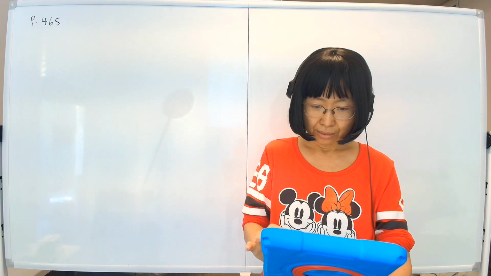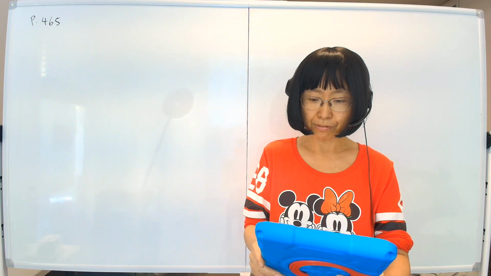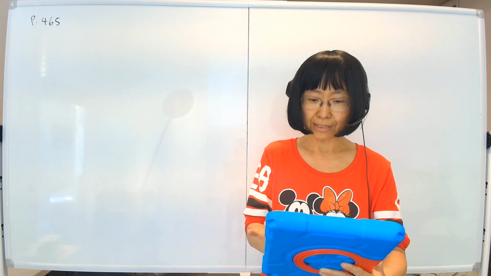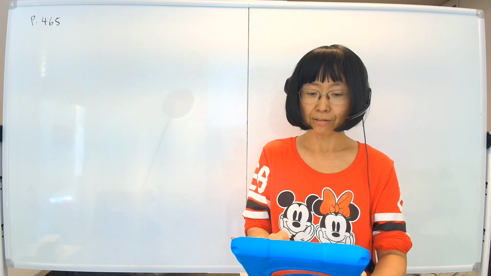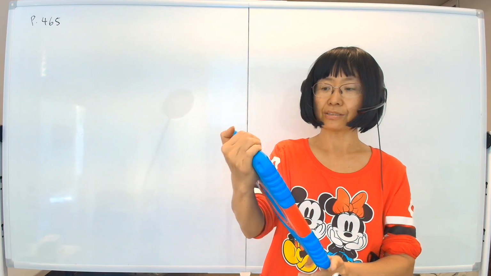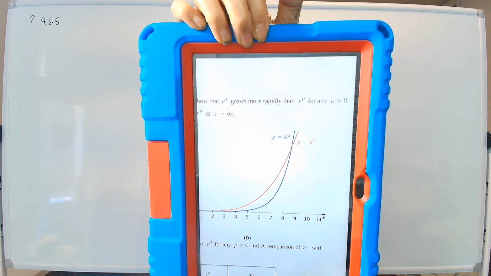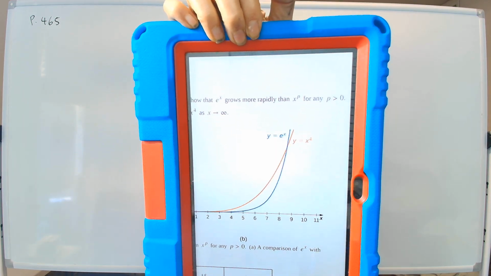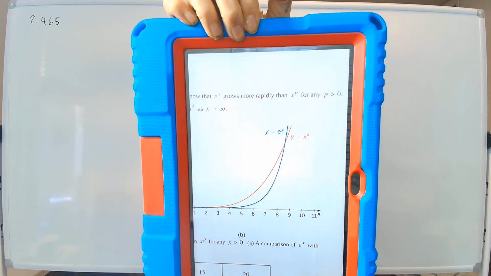Now, eventually, we're not going to do it, but you can prove these two basic facts. One, the exponential function grows more rapidly than any x to the power p. For any p that's bigger than 0, the exponential function will eventually grow faster.